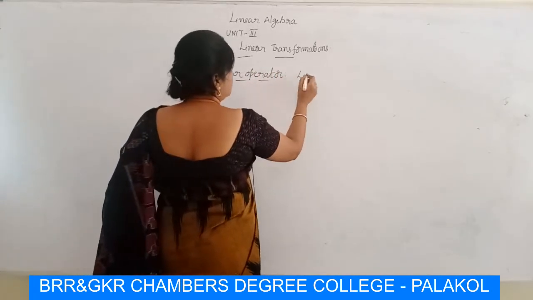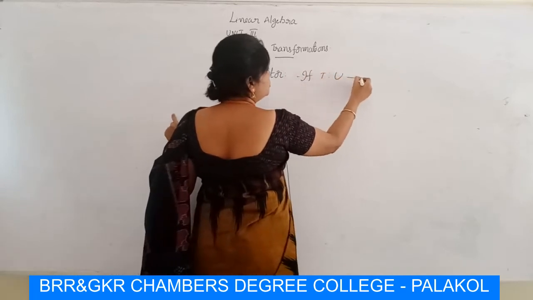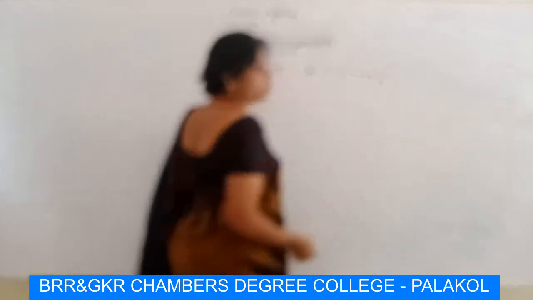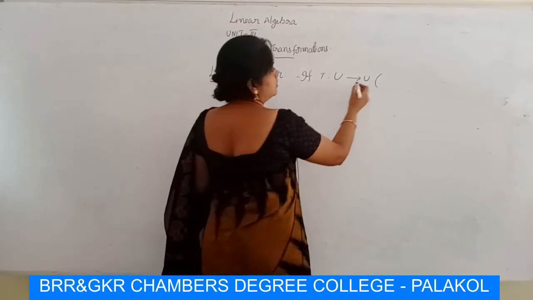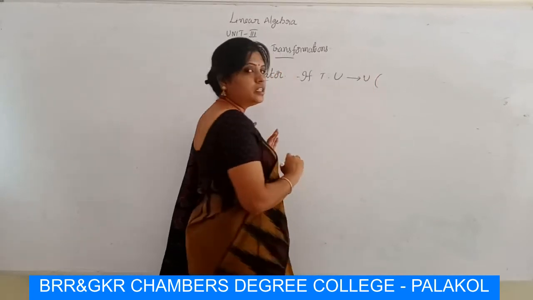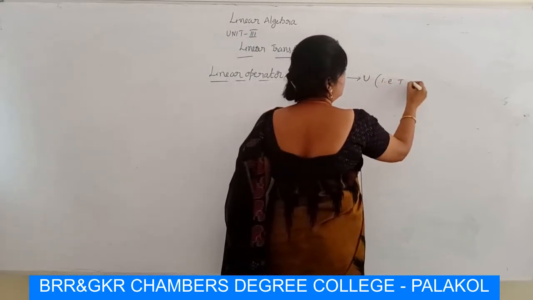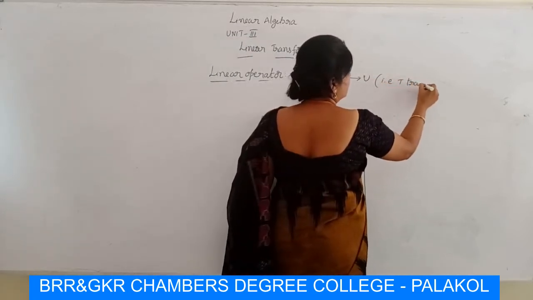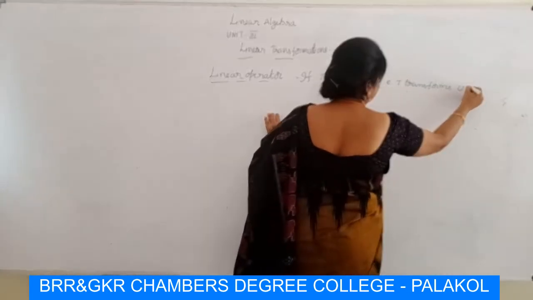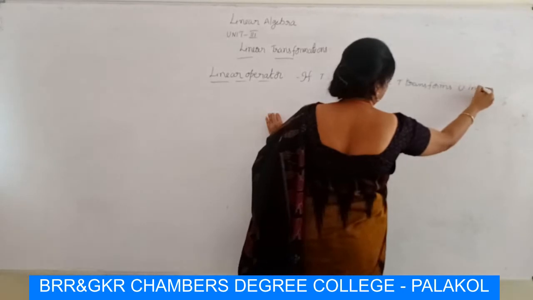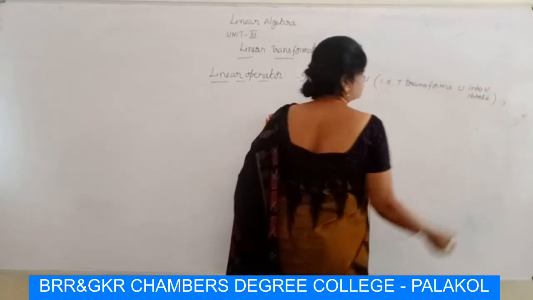Let T map U to U. Here the same vector spaces, domain and codomain are the same. That is, T transforms U into U itself.